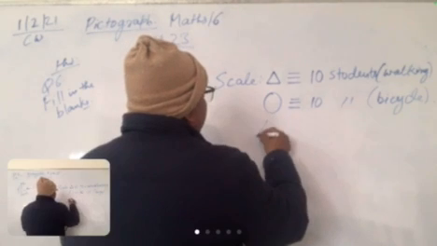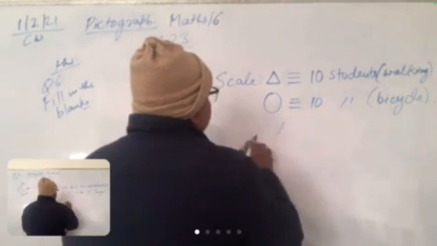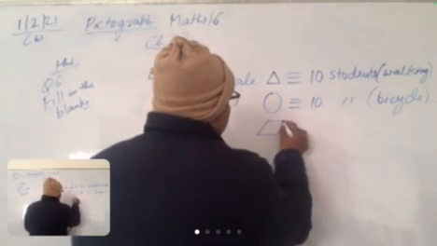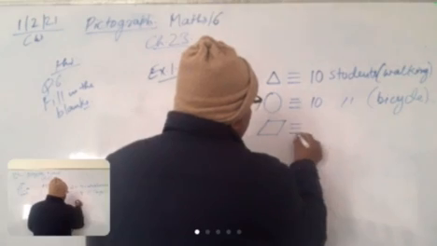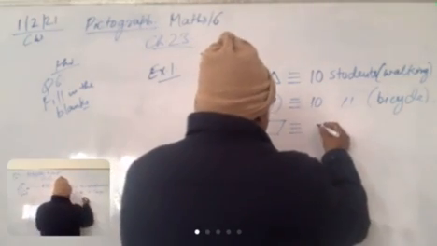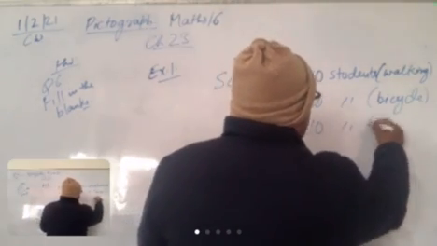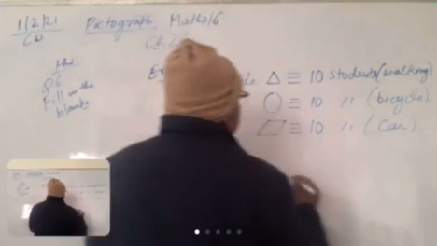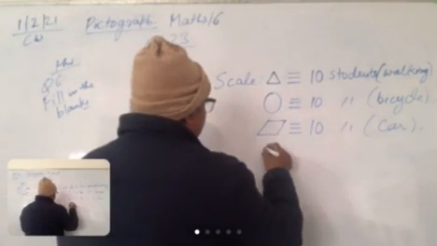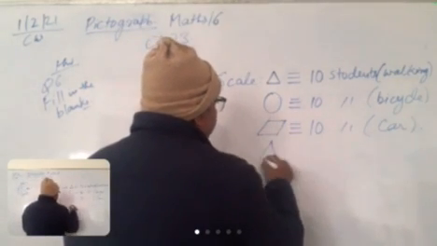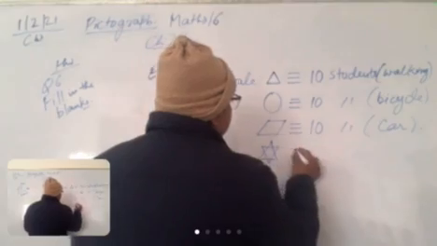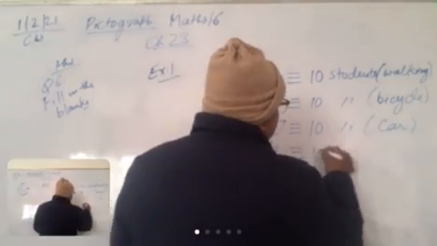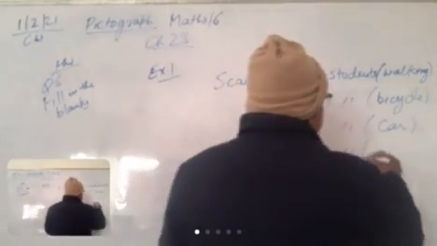Now you can draw a parallelogram like this. This parallelogram shows that 10 students use a car. Then you can draw a star. This shows that 10 students come by bus.